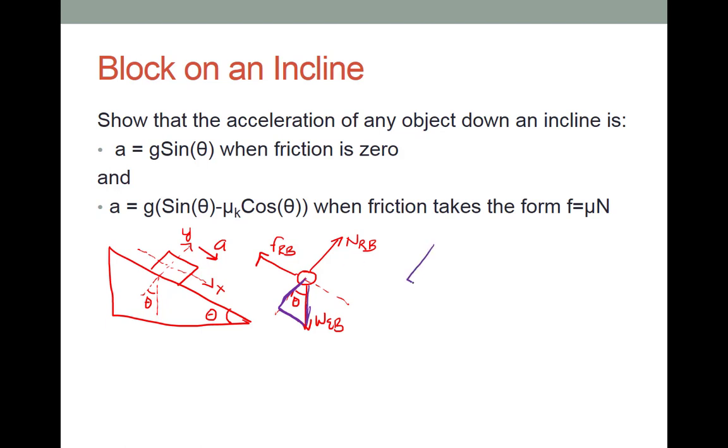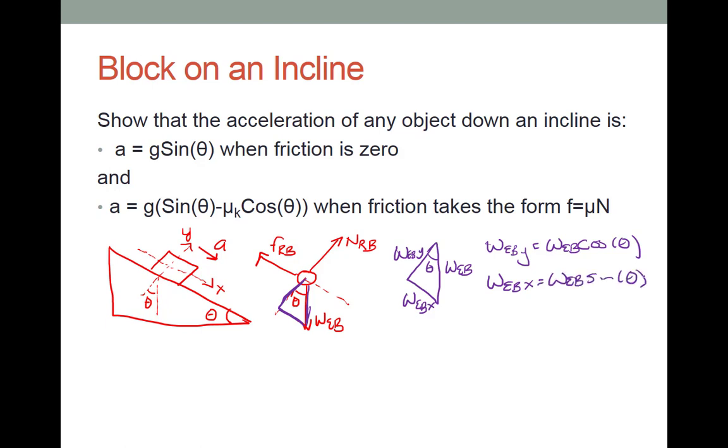So now I have a triangle that looks something like this, where this is the angle theta, this is the weight, this is the y component of the weight, and this is the x component of the weight. I can find the y component in terms of the weight multiplied by the cosine of the angle, and I can find the x component by the weight multiplied by the sine of the angle. Okay.